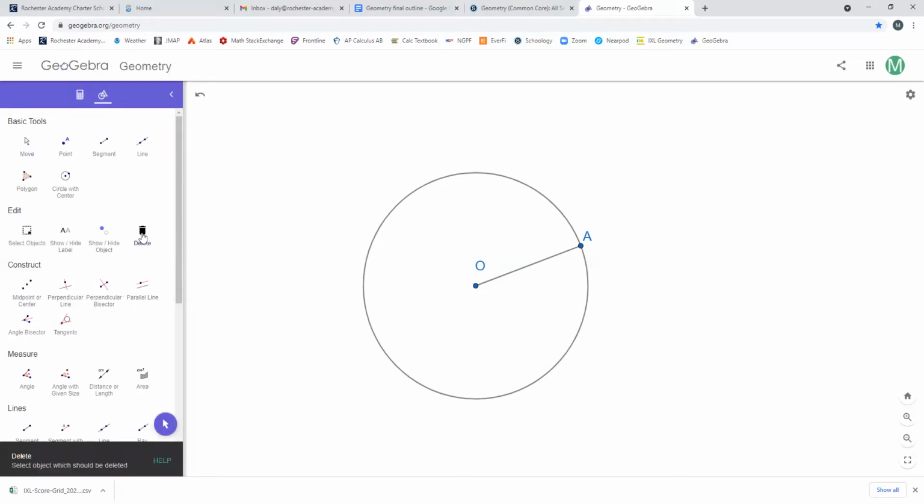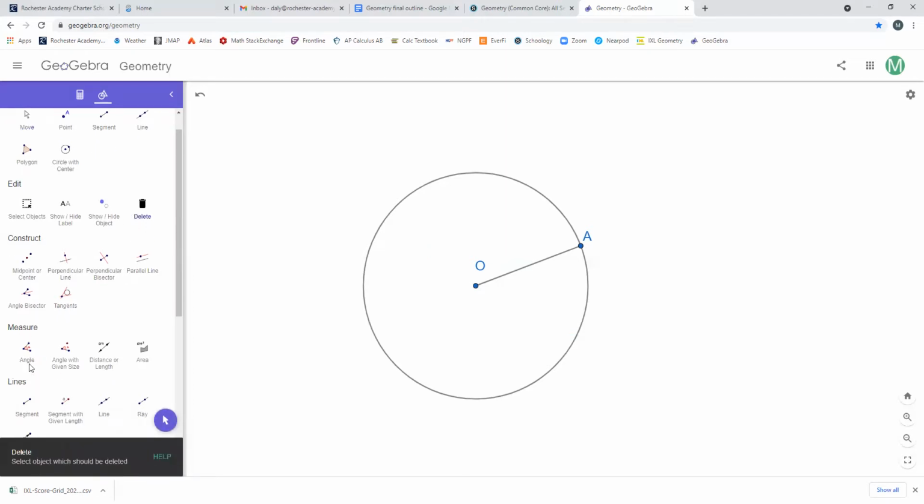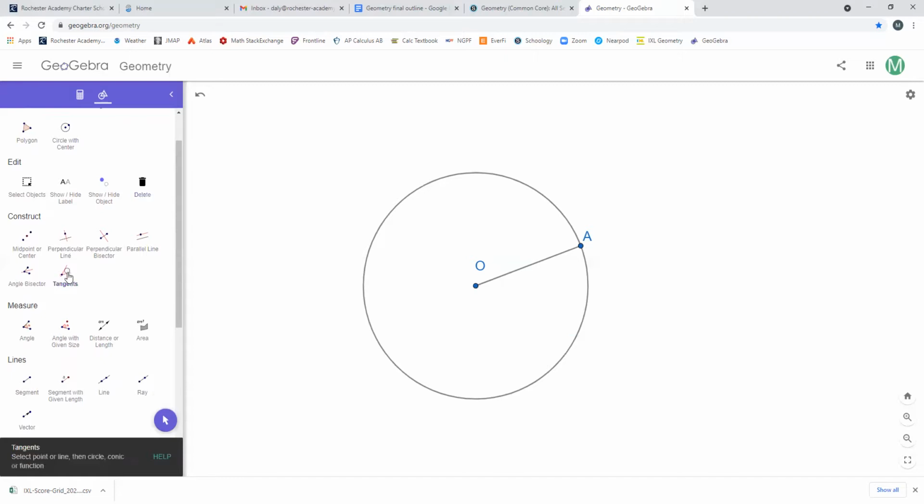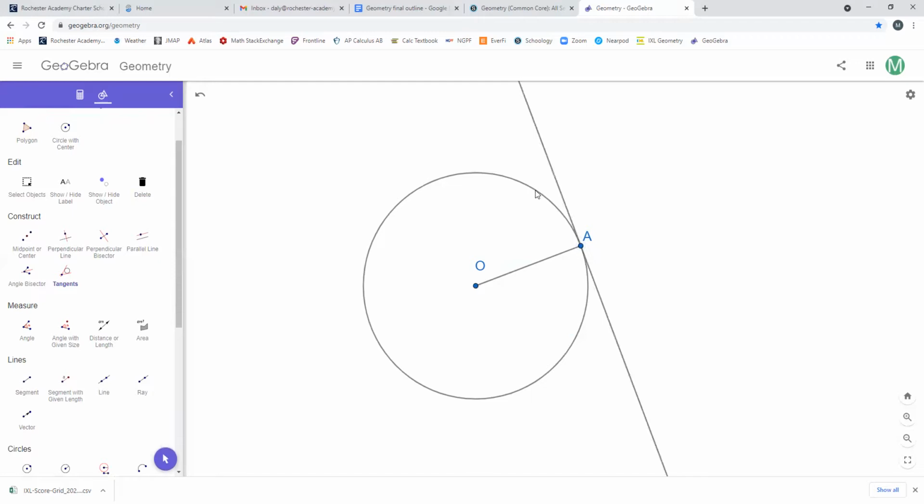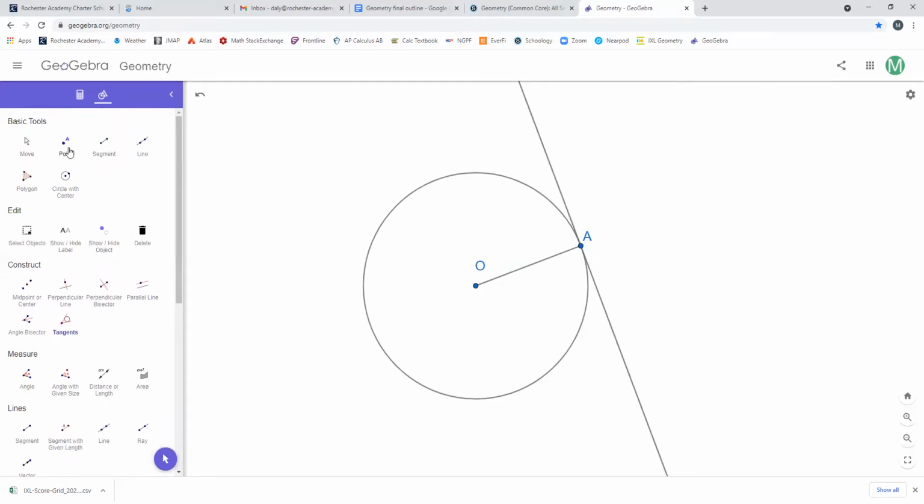All right, so let me delete that point B, and I want to do one other interesting thing. I want to create a tangent to the circle that's going through point A right here. And now I'll create a point B that's on this line, and I'll make this line segment again.